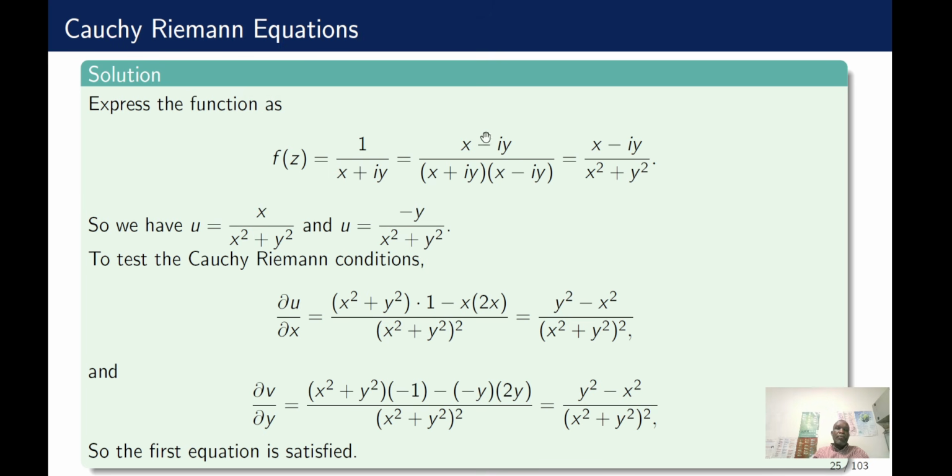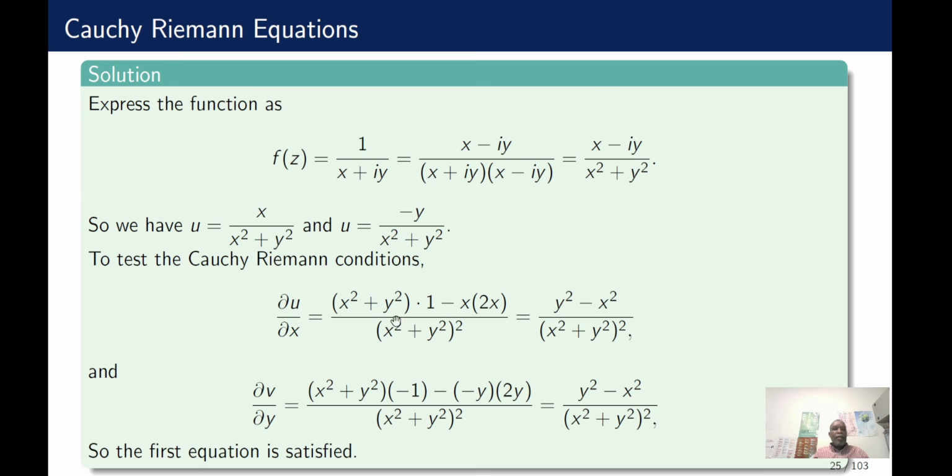It becomes a real function. So our u, which is just the real part over this denominator, is this. Our v, I think there is just a small typo here, our v is equal to minus y over x squared plus y squared. If you want to test the Cauchy-Riemann equations, we take u and differentiate it with respect to x.